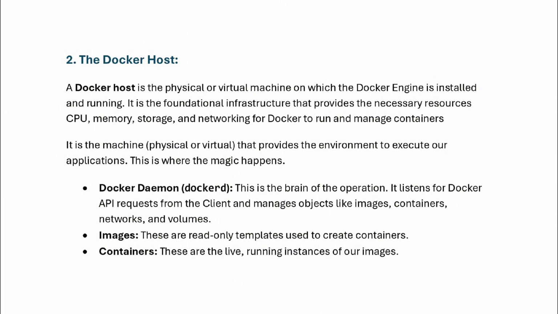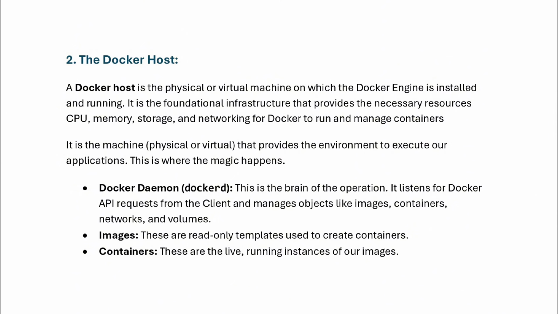The Docker host uses specific Linux kernel features to provide the necessary isolation and resource management for containers. Docker Engine uses namespaces to provide an isolated workspace for each container. That ensures each container has its own view of the operating system, including separate process IDs, network interfaces, and mount points.